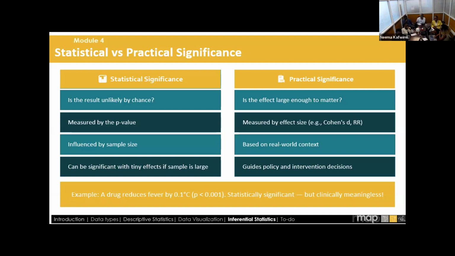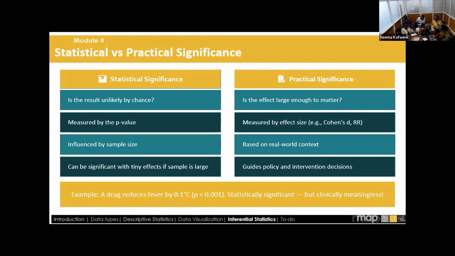We have statistical significance, we have practical significance. In the case of statistical significance, we ask ourselves, is the result unlikely by chance? We look at the p-value. We look at the influence of the sample size. Can it be significant with tiny effects if the sample is large?